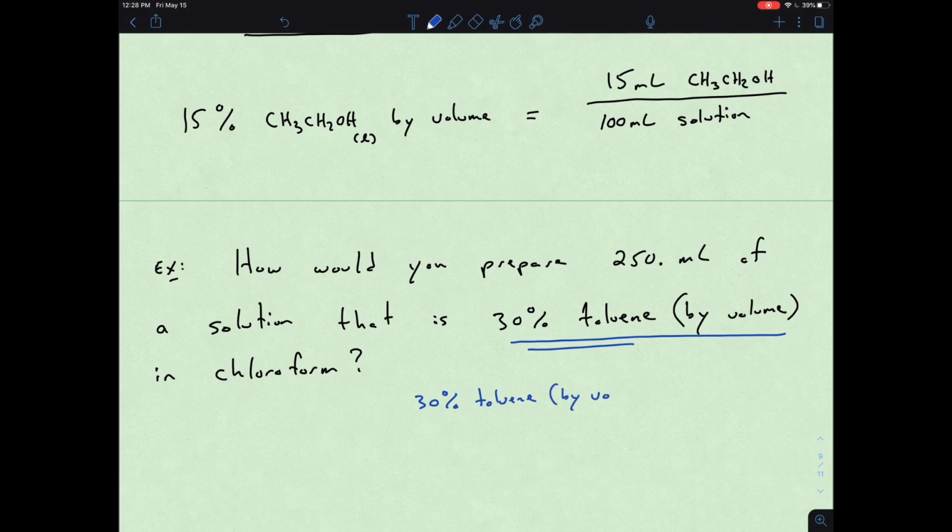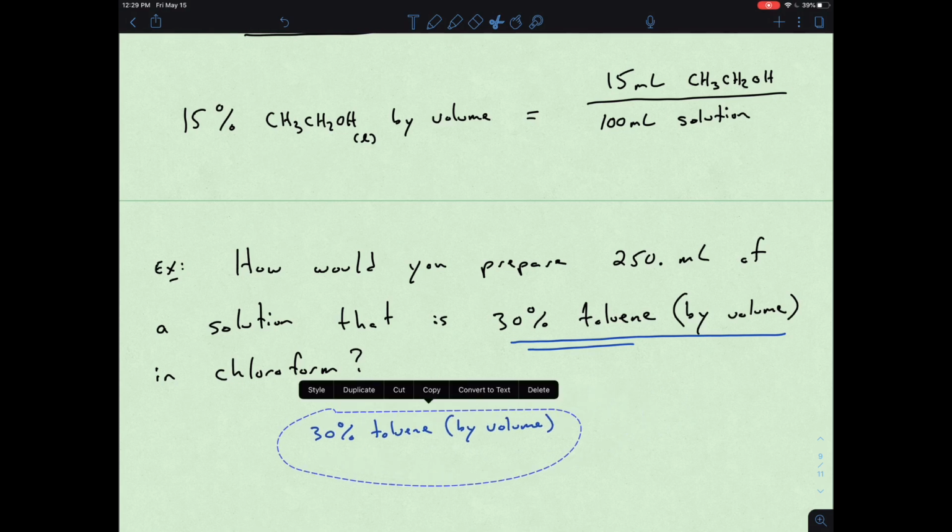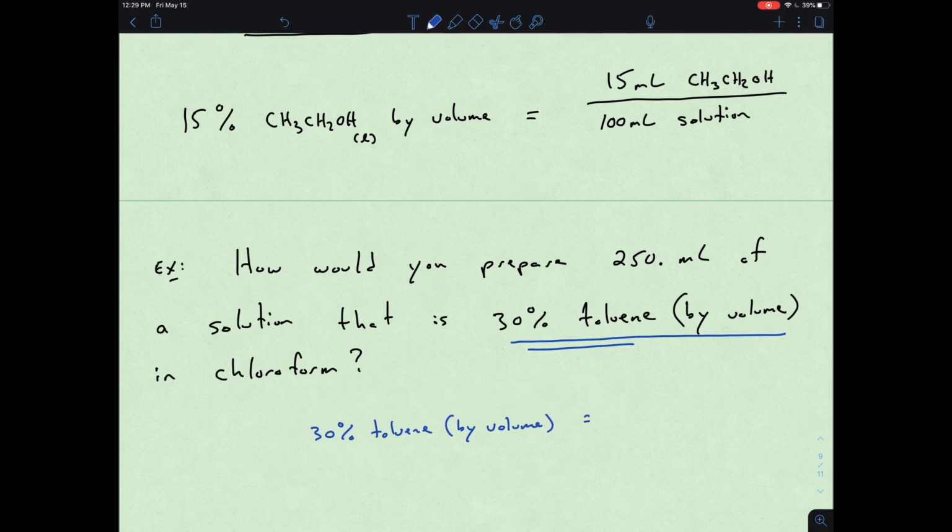That tells us we have a conversion feature: 30 milliliters of the toluene for every 100 milliliters of solution.